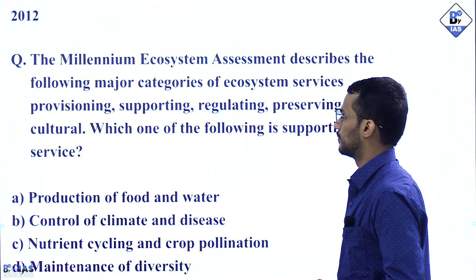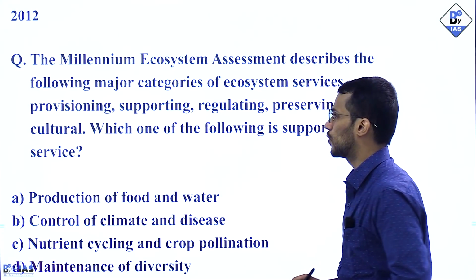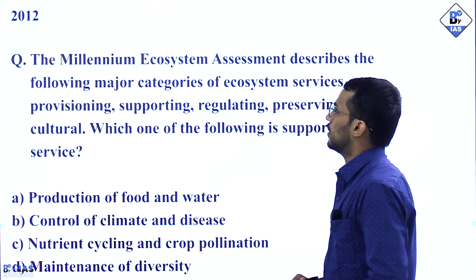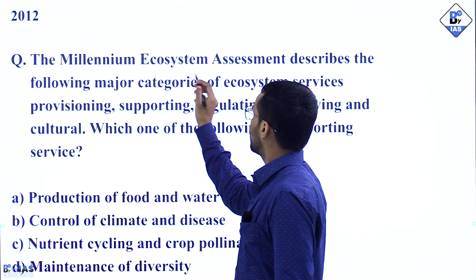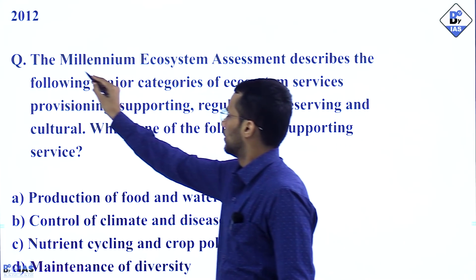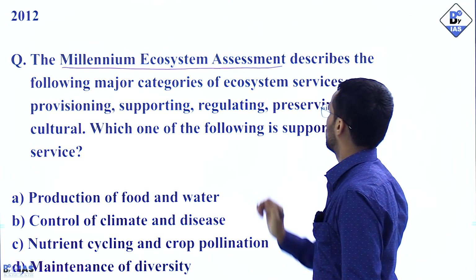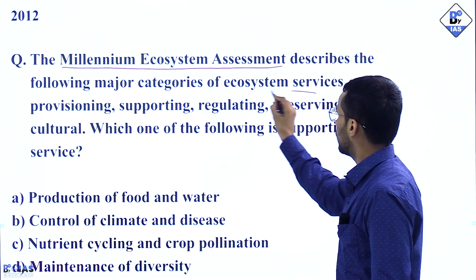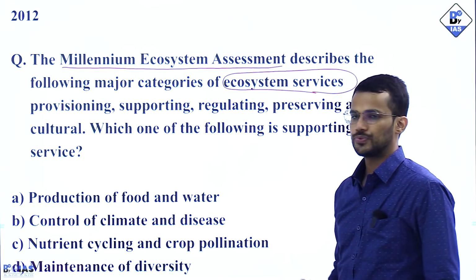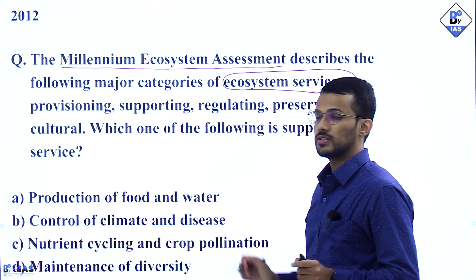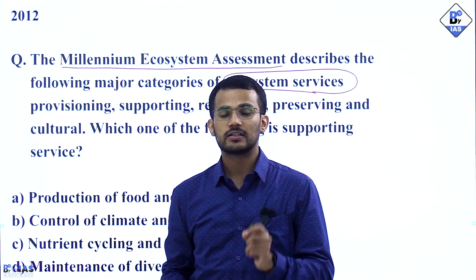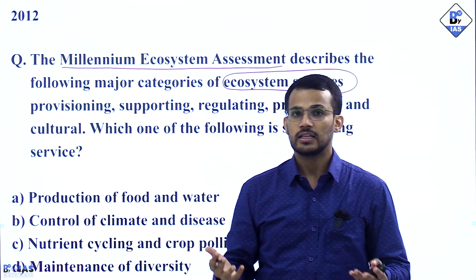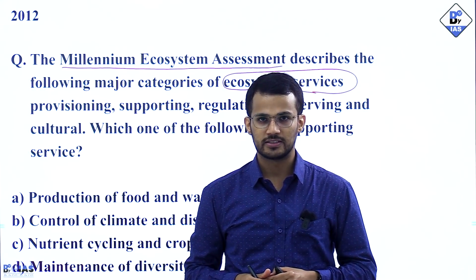Now, next question. The next question is from 2012. The question is, the Millennium Ecosystem Assessment describes the following major categories of ecosystem services. The Millennium Ecosystem Assessment has given certain types of ecosystem services, also called biodiversity services.